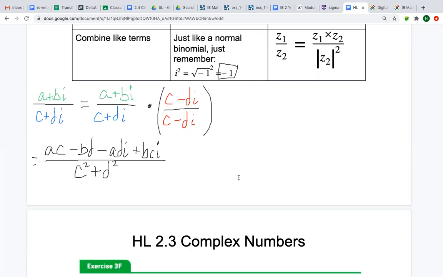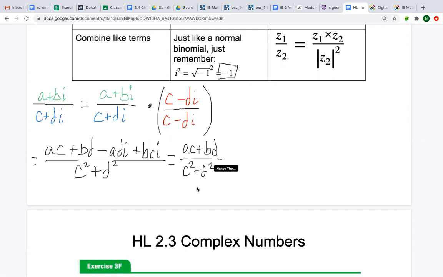So from here, sorry, this is supposed to be plus BD. Since our denominator is a real number, I'm going to group our like terms and split it into a fraction. So we have AC plus BD, our real part, divided by c squared plus d squared.